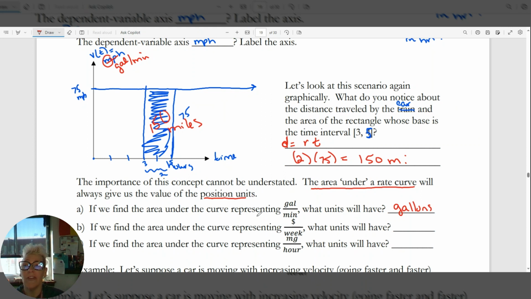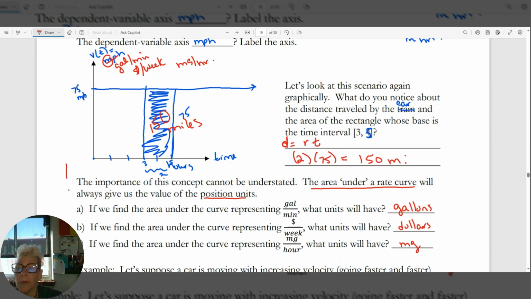If the curve, instead of being miles per hour or gallons per minute, had given us dollars per week, then the area under that curve would have been in dollars. Or if we had milligrams per hour, maybe you're a nurse and you've just given a medication and you want to know when you can give it again, how many milligrams have been disposed of by the body over a certain number of hours will be what we're looking for.